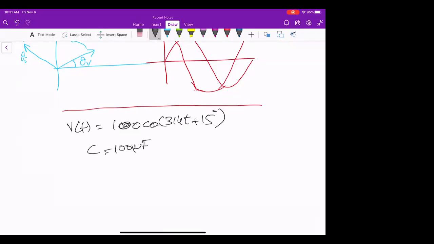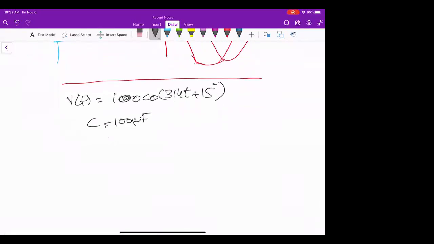Okay, so I need to find the voltage-current relationship, and I know the relationship between them is I is equal to j omega C V, where this is bold. Bold means that it has phasor in it, and I can just write it in terms of phasor, so this will be Im angle theta I equal to j omega C Vm angle theta V.